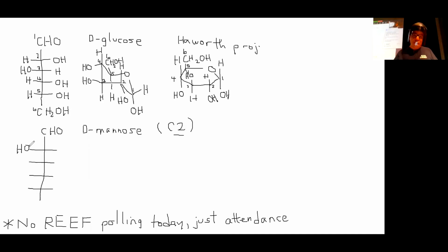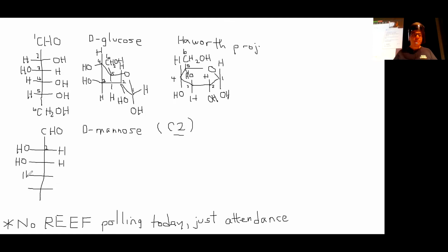So here's carbon 1. That's the same. That's the aldehyde. At carbon 2, it's the opposite, so we'll want to put our OH over here. By the way, a note on that as well. I'm glad I'm going over this again because I feel I sort of rushed over a lot of things. Take note how I'm being careful to draw HO to show clearly that the oxygen is what's attached to the carbon over here.